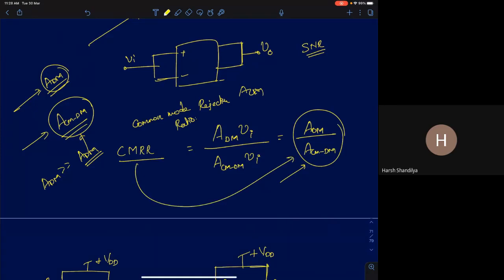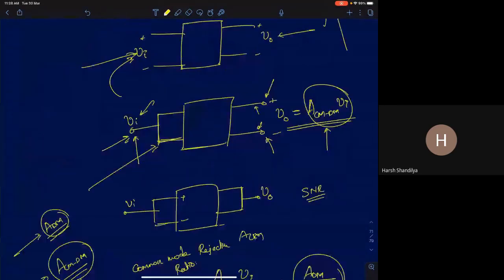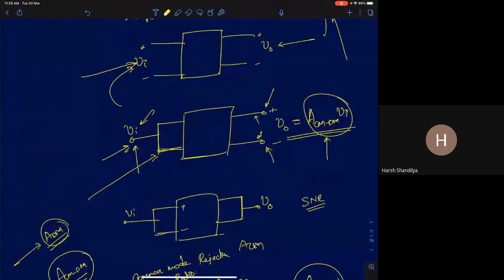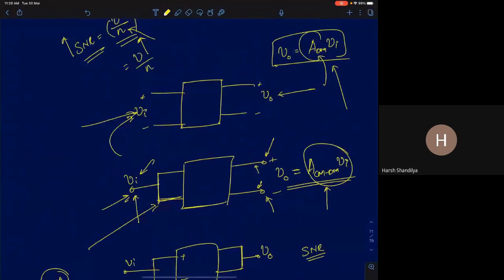At the end of the day, what matters is not just the noise, but also the signal level. ADM tells you how much signal is present in the system, and ACM-DM tells you how much common mode noise is present in the differential output. This alone doesn't suffice.